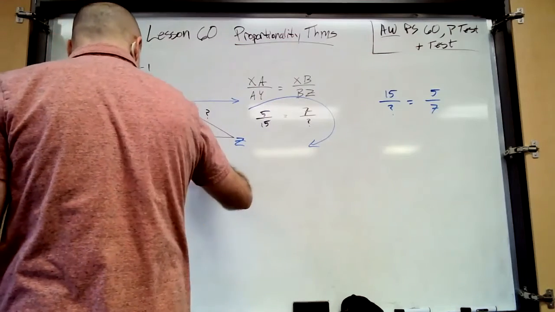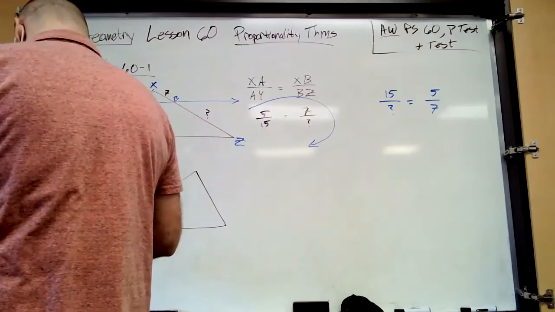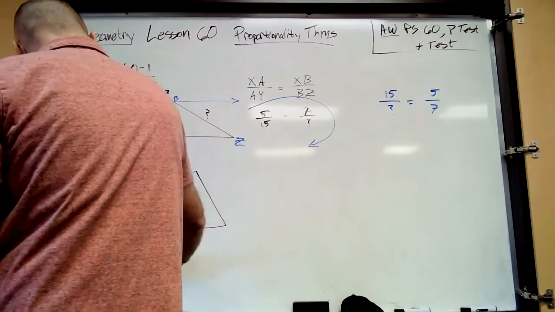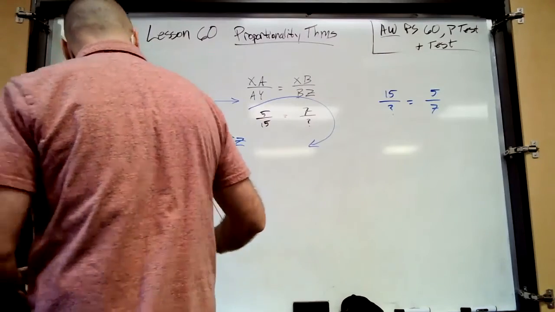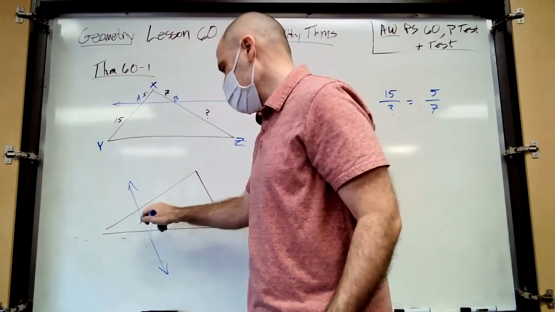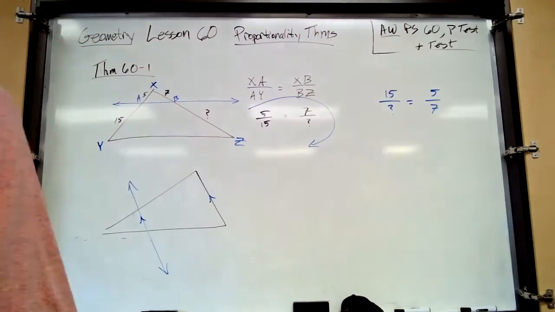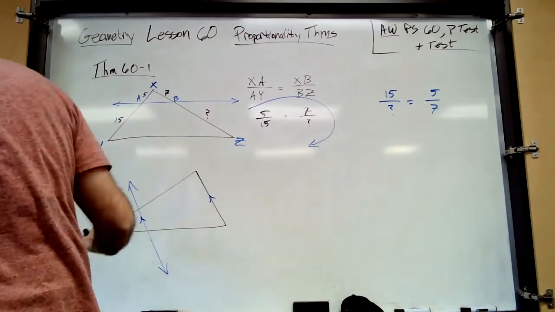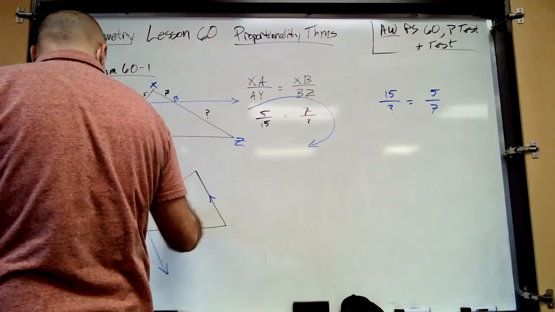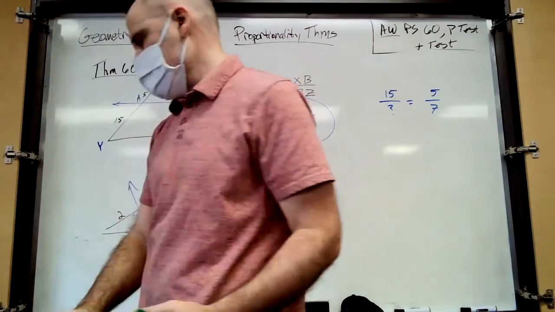So let's try another one. Let's try this. The only condition is this has to be parallel to this. Okay, that's the only condition. All right, so here's the dimensions. What do we got?